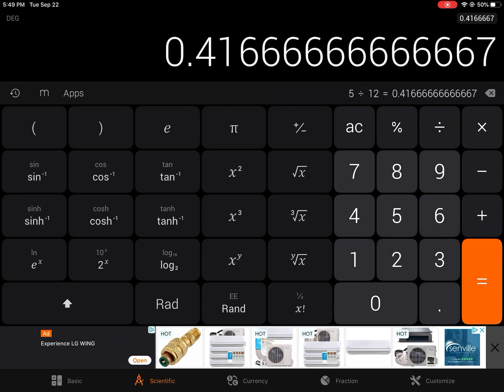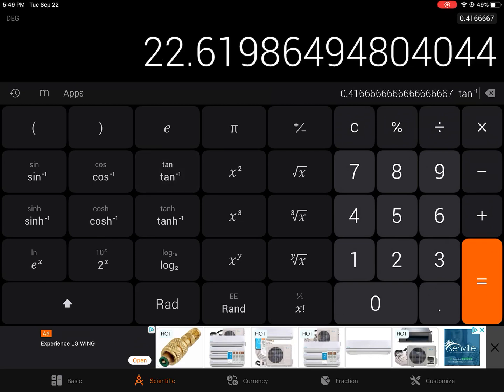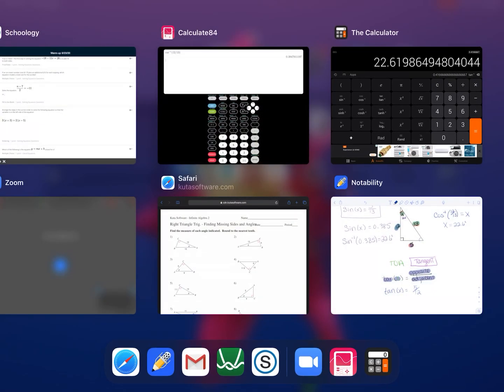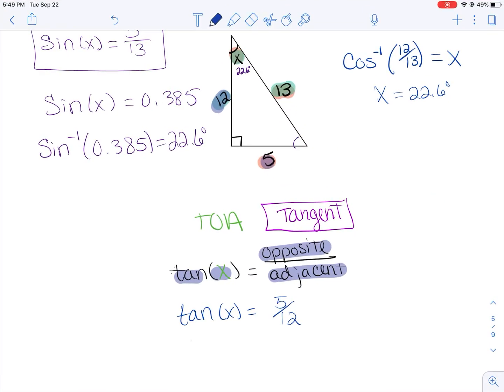If I do 5 divided by 12, I get this decimal, and then second and tangent, again, I get 22.6, right? It's the same angle that we're working from, so when we take the inverse function, we should get the same value every time. And you don't have to do all three of these every time.